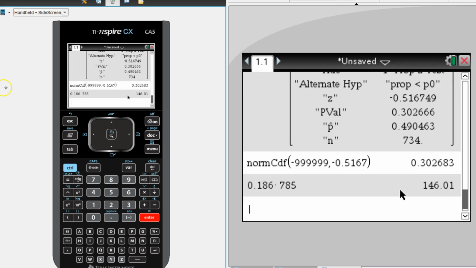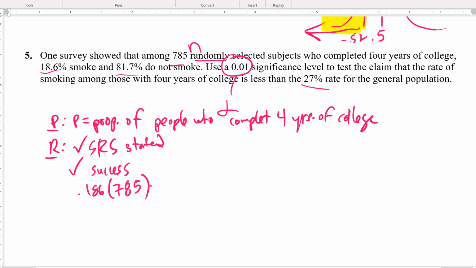We cannot have 146.01 people. Somebody's like, well, yeah, make it 147. Nope, not this time. That's if we were trying to figure out the sample size; we always round up. This, we actually round accurately. So be careful with that. I'm not going to be throwing away points on the test for it, but we would round it to 146, which is greater than 5.